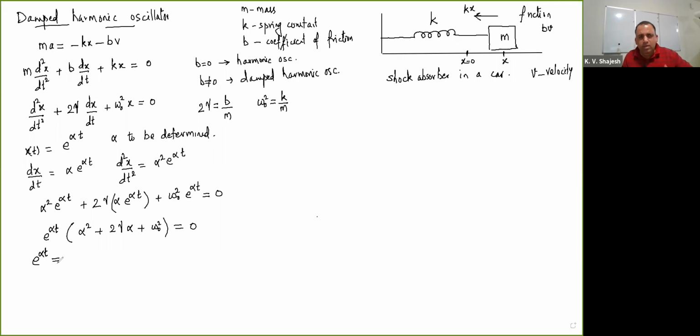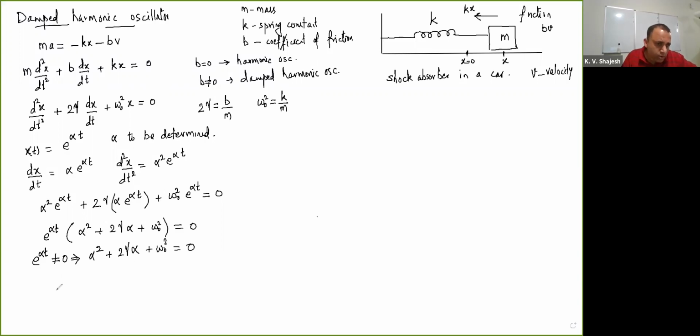Remember, alpha could be complex, so there are times at which it can go to 0, because this could lead to oscillatory solutions, but it's not always equal to 0, and we need this equation to be 0 for all times. Since that's not equal to 0, that implies that alpha squared plus 2 times gamma times alpha plus omega naught squared has to be equal to 0. That quadratic equation should be 0 because for every time t, the differential equation is satisfied.